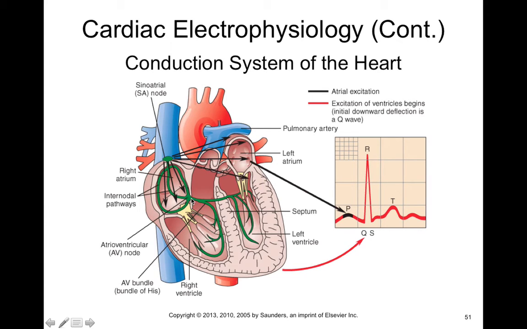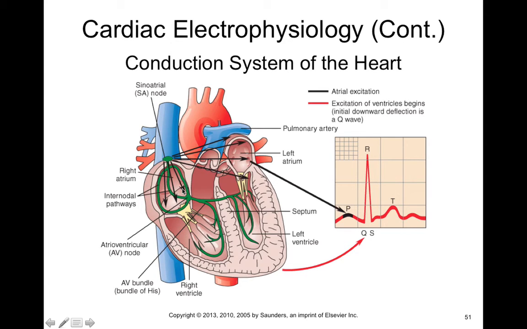Once those action potentials travel down the AV bundle, they'll travel through the bundle branches going to the left and the right, and then along the bundle branches through the Purkinje fibers, and then up back along the heart and the ventricles. Because action potentials travel in this particular direction, we also see that heart muscle will contract in a particular order as well.